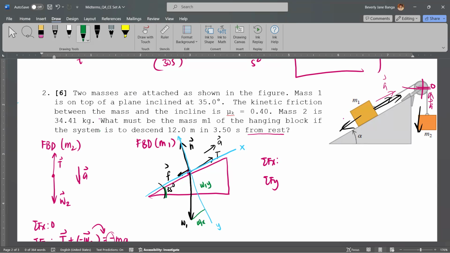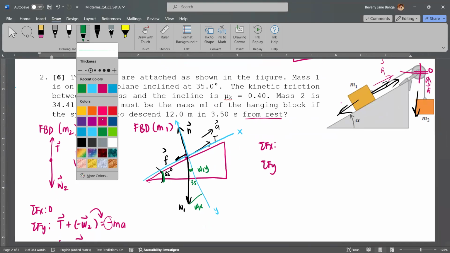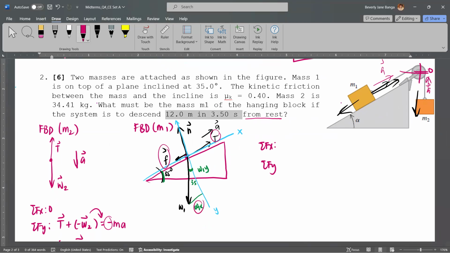And if this is 35, again, class, ito din ay 35. Same lang sila. Okay? So, summation of forces along X, therefore, is simply, ano ba yung nasa X natin? Di ba tatlong forces? Friction, tension, tsaka W1X. Okay? So, kung makikita nyo si WX, pababa siya. So, you have negative W1X. So, isa-set ko to na positive X, ito negative, ito positive, ito negative.